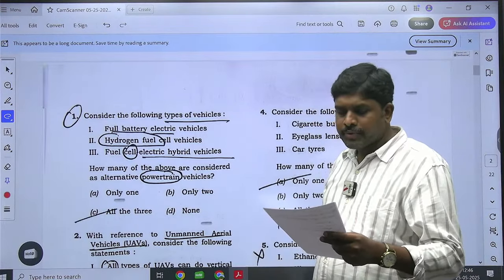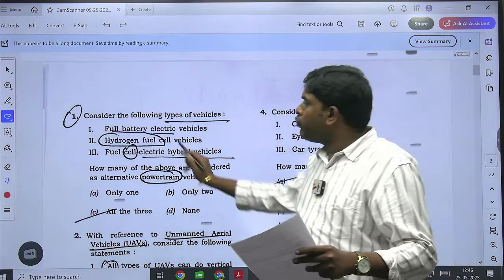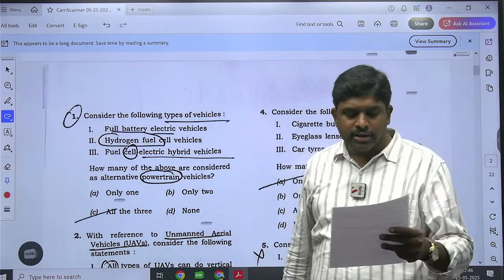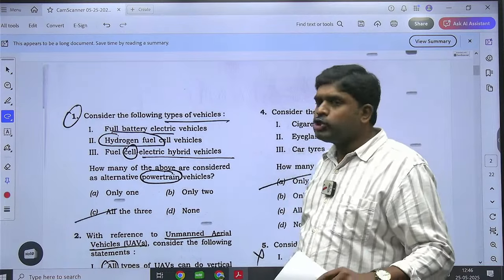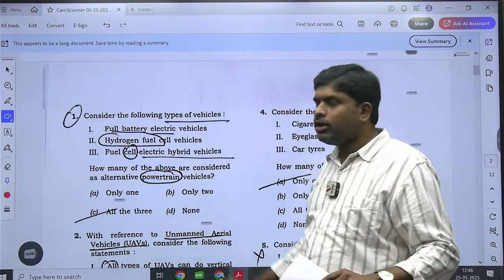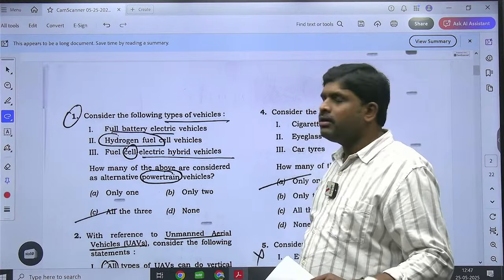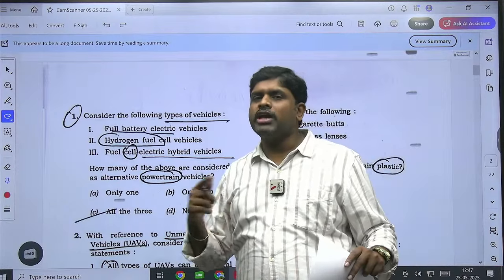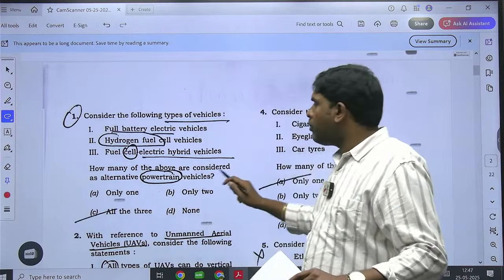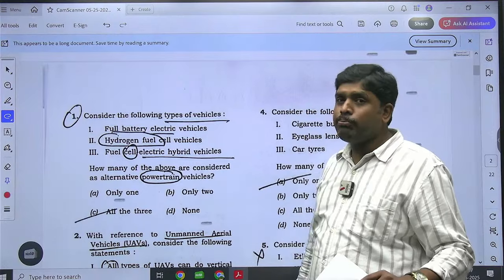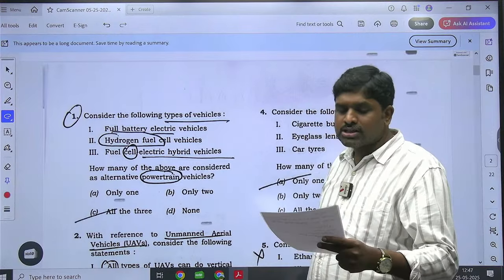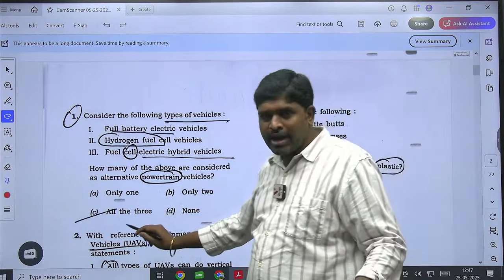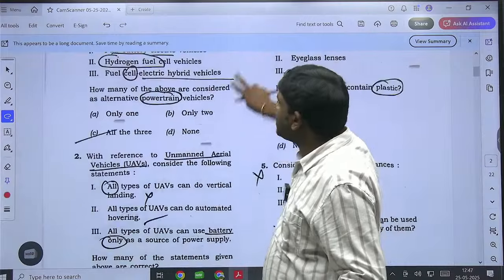First one, fuel battery electric vehicles. Second one, hydrogen fuel cell vehicles. Third one, fuel cell hybrid electric vehicles. Hybrid means we know that we can use petrol and we can use electricity, both. So how many of the above are considered as alternative powertrain vehicles? All the three types are listed as alternative powertrain. So the answer is all of the above. For the first question, the answer is all of the above.